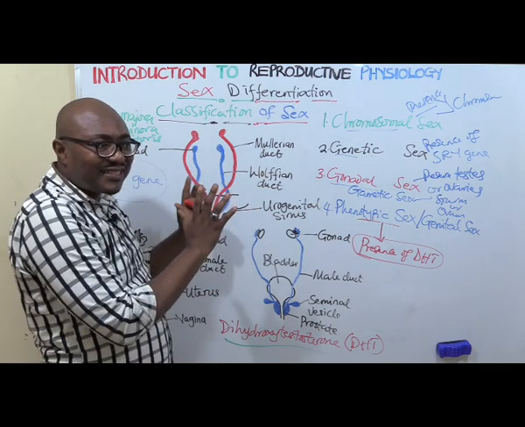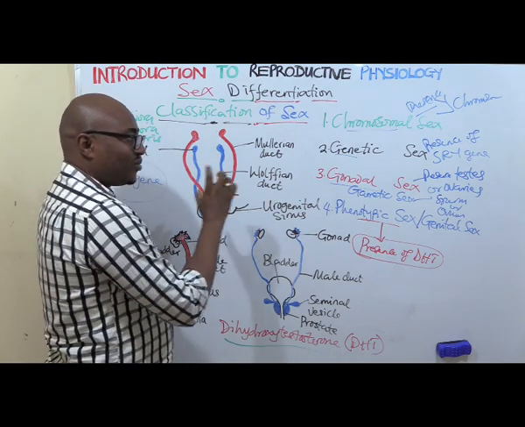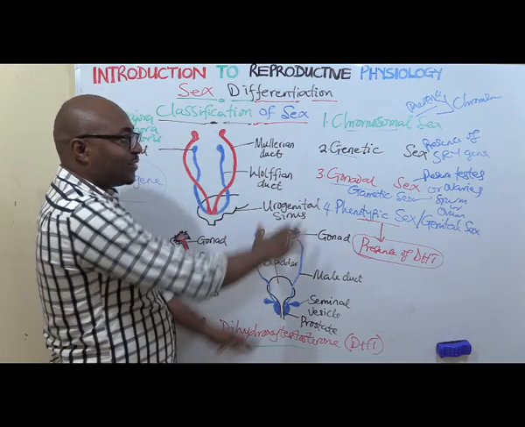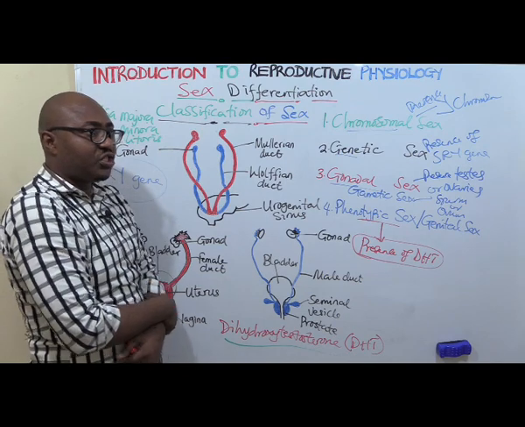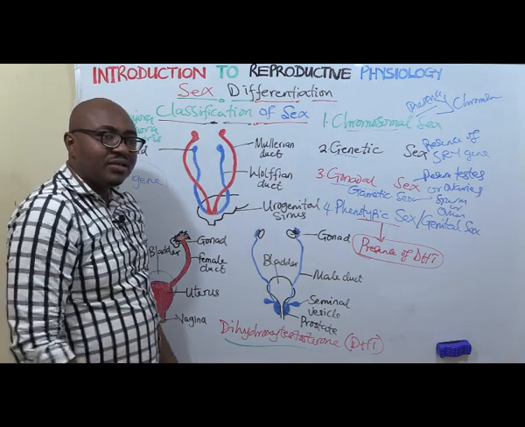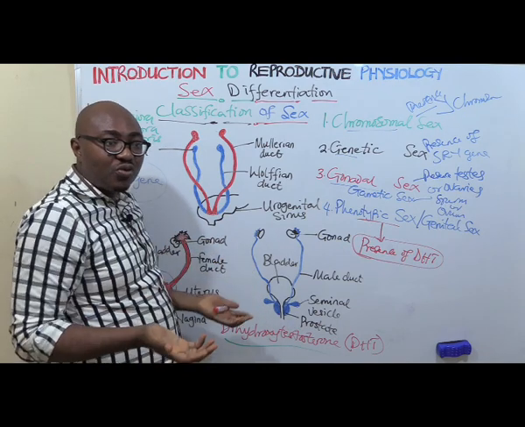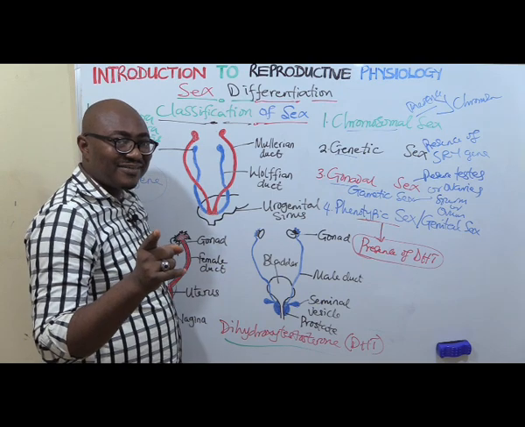So you can see how this thing can be tricky. It's good for you to understand the requirement for the development of all these things, and that will help you in the classification. So when, as a doctor, somebody comes and says, this is my daughter, she has refused to menstruate, check sexual maturity, there might be a problem.